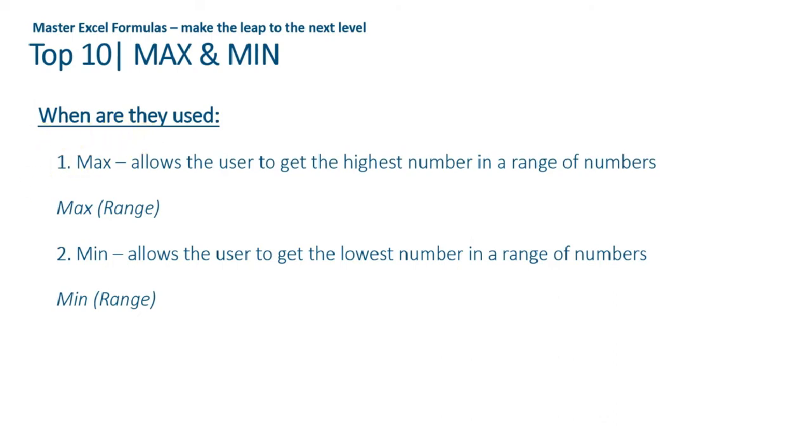And again, the structure of both formulas is very similar. So you have max, and then we need the range in which to get the maximum value from, and the minimum is pretty much the same thing.